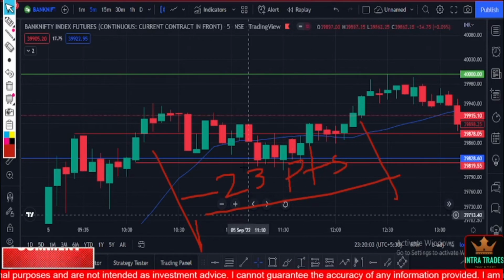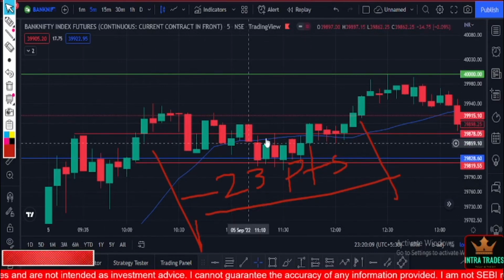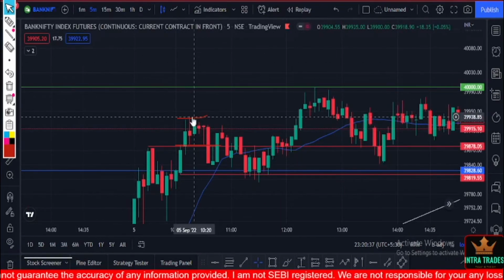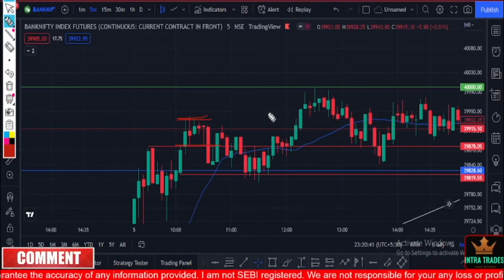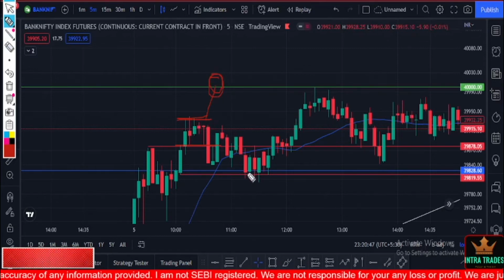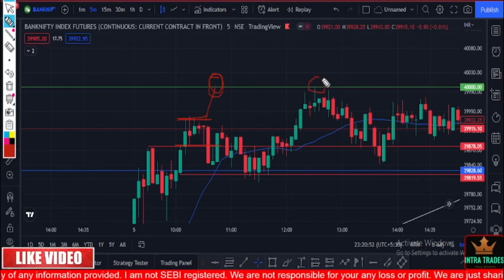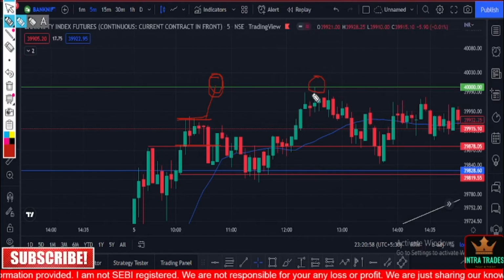But I don't want to lose more money in this trade where I can observe that there is no momentum. What I expected when I entered here is that the market would reach this 40,000 mark by today, which happened at the 12:30 candle.